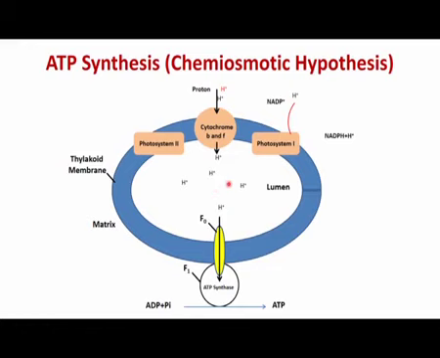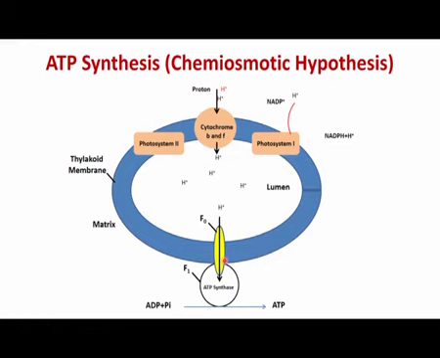So, they need a way to come out, and the way is that they use a membrane bound complex to come out into the matrix. In this process, when these protons come to the matrix with the help of the membrane bound complex known as the ATP synthase, they combine the ADP plus Pi to generate the ATP.